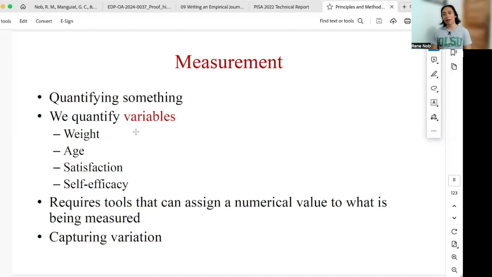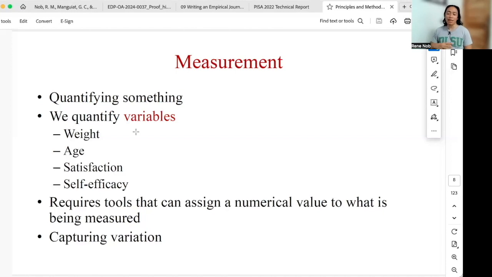There are many variables in a given individual. We can think of weight. Different people have different weights. Age. Different people have different ages. Level of satisfaction in whatever. Self-efficacy, the belief that one can successfully do something. People have different levels of beliefs. Some people believe in themselves so much, some people do not believe in themselves at all.